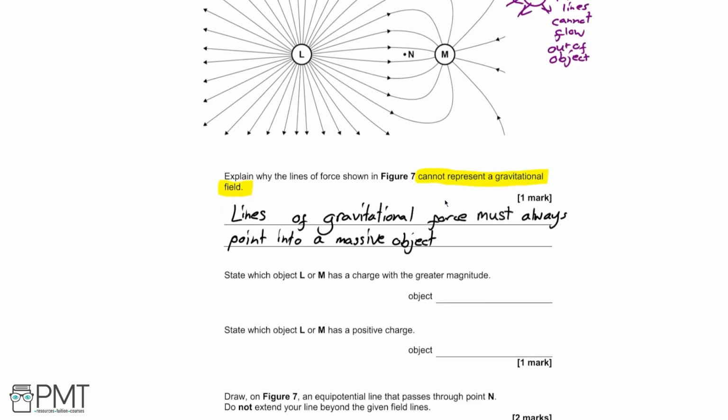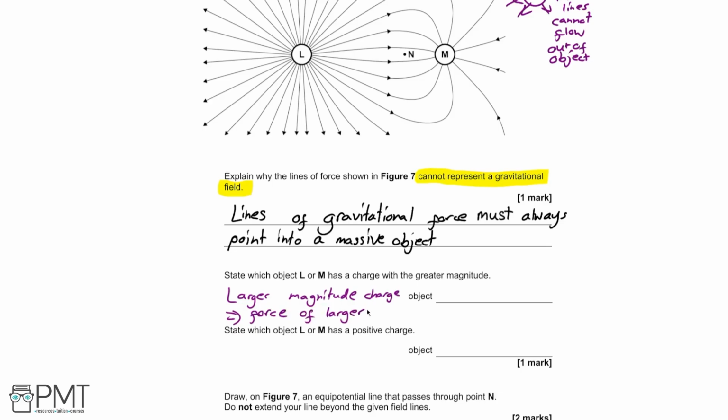The next part of the question says, state which object, L or M, has a charge with the greater magnitude. So remember, the objects with charges of greater magnitude generate larger forces around them. So larger magnitude charge implies a force of larger magnitude.